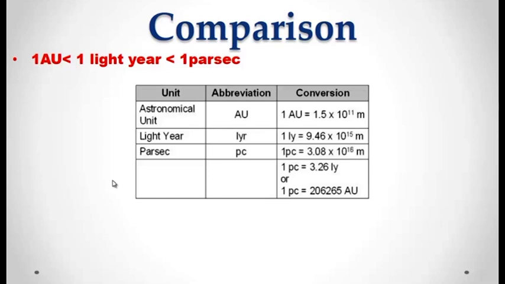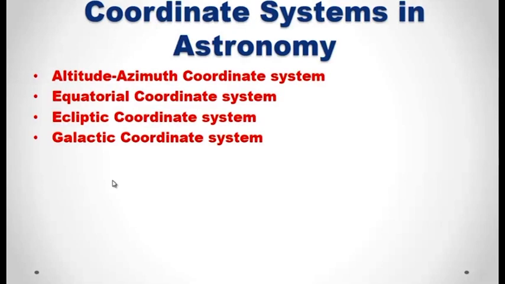Next, coming to the coordinate systems in astronomy, 4 different coordinate systems are used: the altitude azimuth coordinate system, abbreviated as alt-azimuth coordinate system, the equatorial coordinate system, the ecliptic coordinate system, and the galactic coordinate system. These are the 4 coordinate systems used in astronomy to measure the position of different objects.